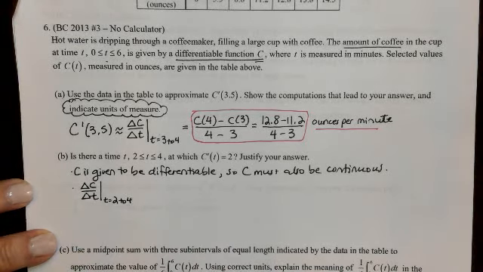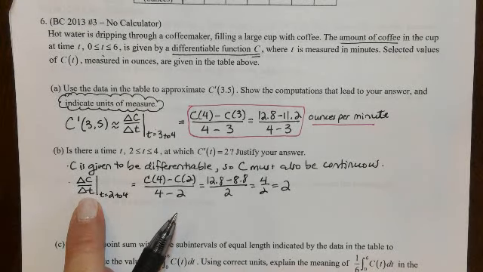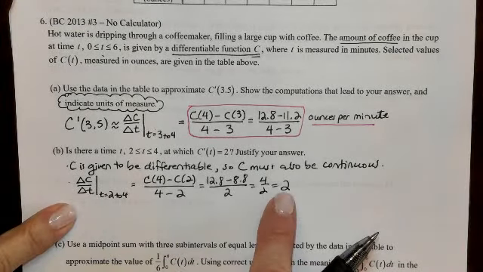C of 4 is 12.8. C of 2 is 8.8. 4 minus 2 is 2. 12.8 minus 8.8 is 4. So the average rate of change is equal to 2.